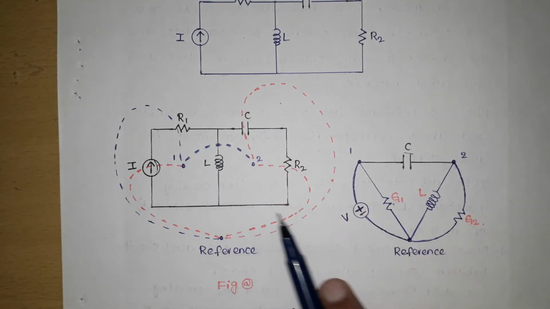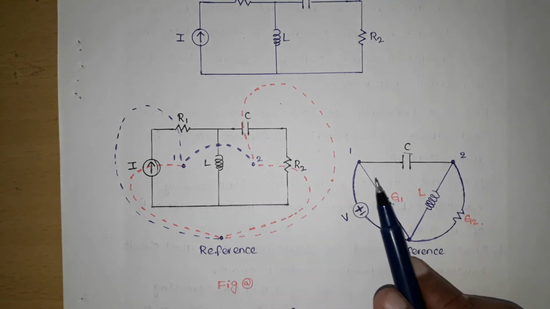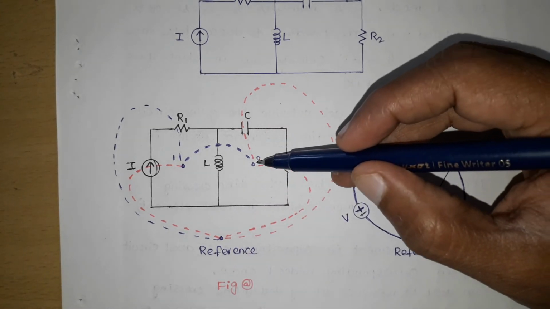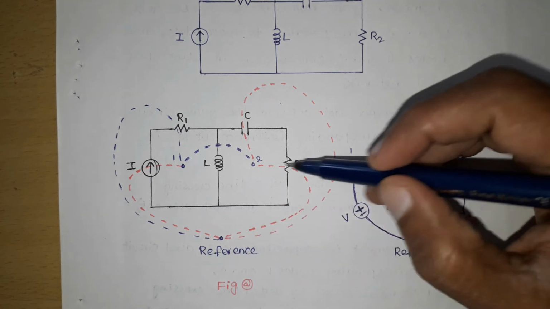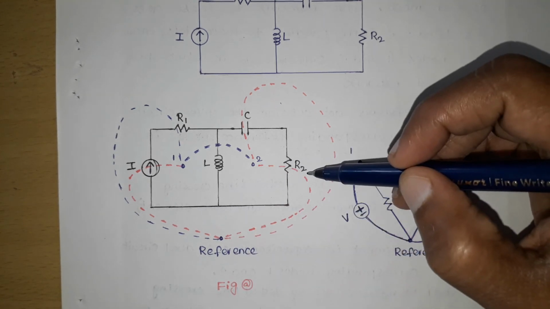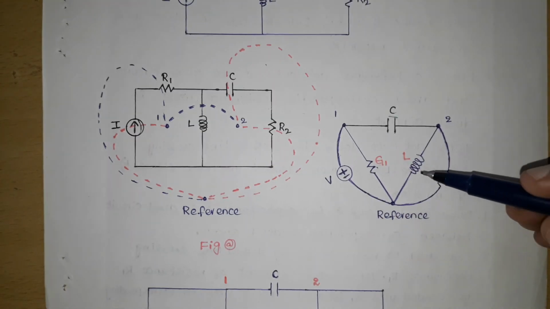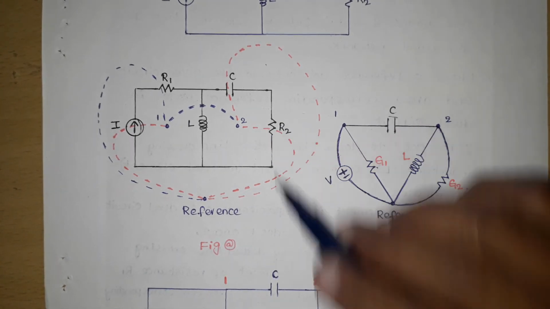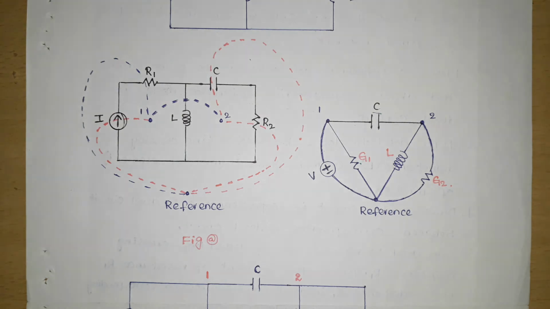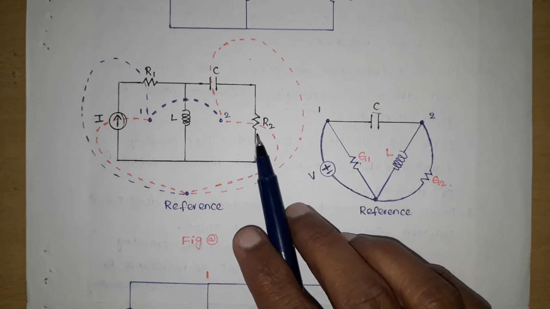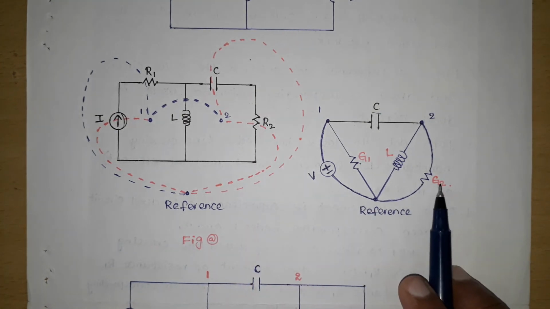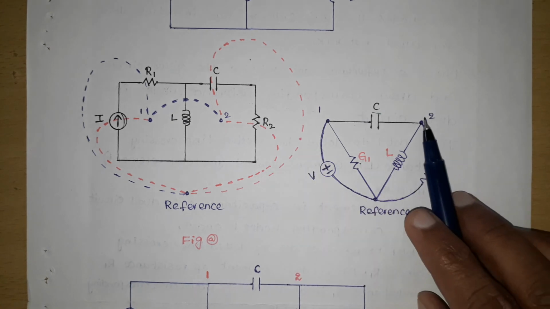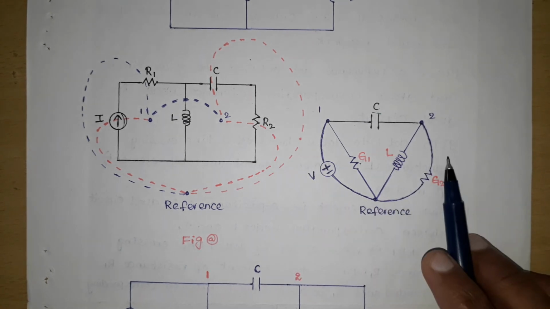Now we have to focus on these two elements. Join dot 2 to reference dot by crossing R2, and in the dual circuit the dual element of R2 is conductance G2. So connect that G2 in between the second node and reference node.